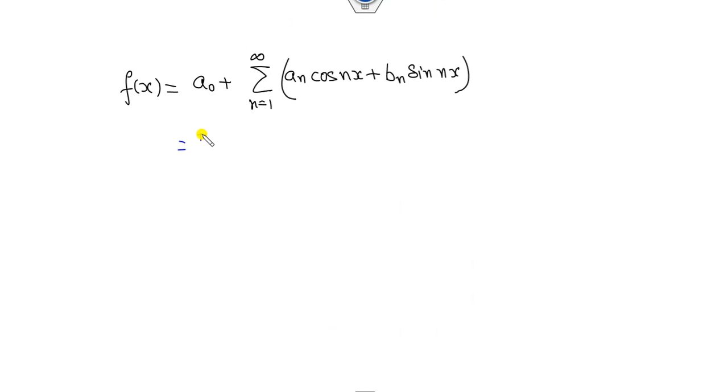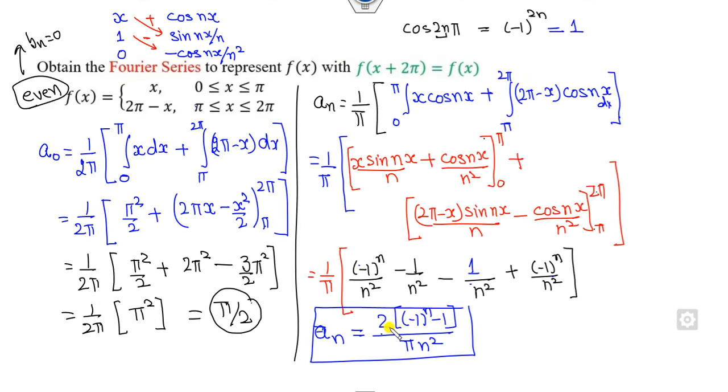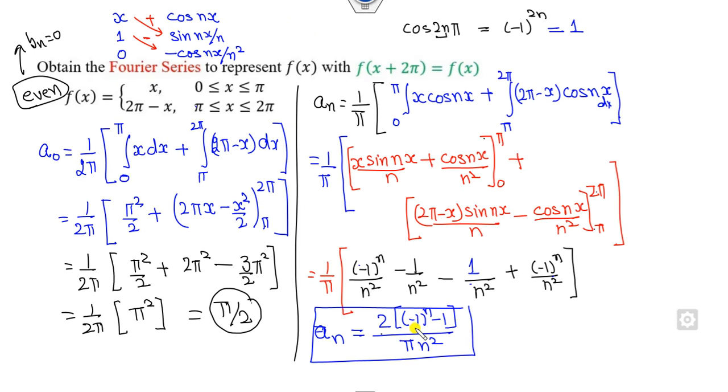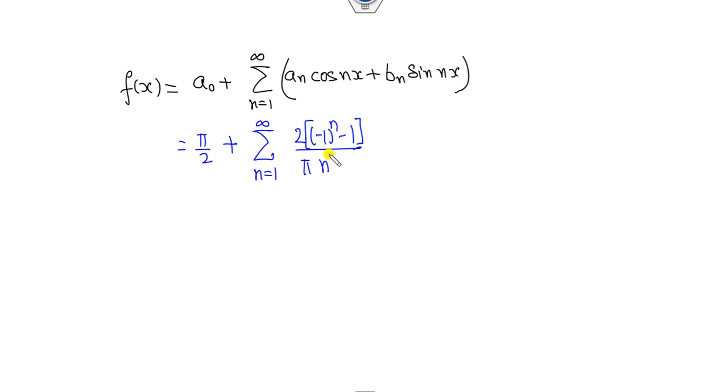So it will be pi over 2 plus summation n from 1 to infinity. What is the an? an is twice of this term, twice minus 1 raised to power n over pi n square, cos nx, because bn is 0, so that is the right answer.